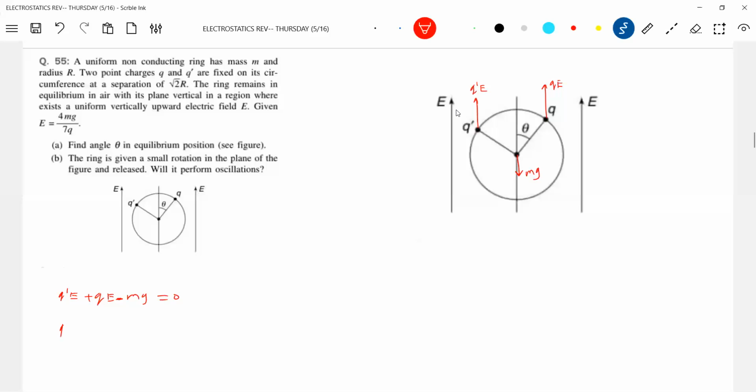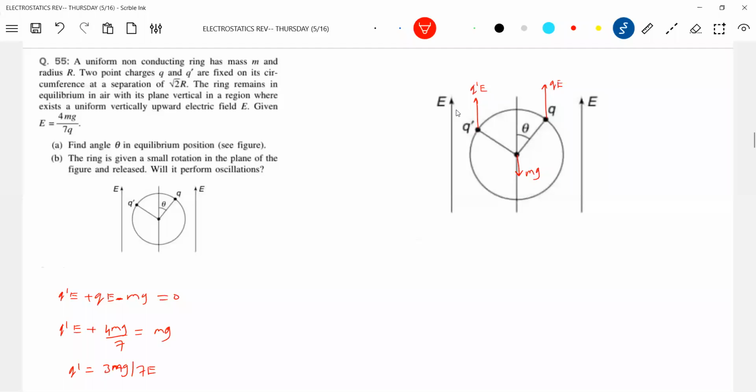Let me go for it. Q dash E plus QE, where QE value is 4 mg by 7, minus mg. So with this, I'll get the value of Q dash. Q dash will be equal to 3 mg by 7e.